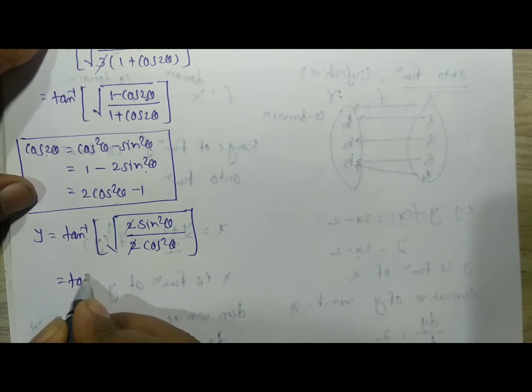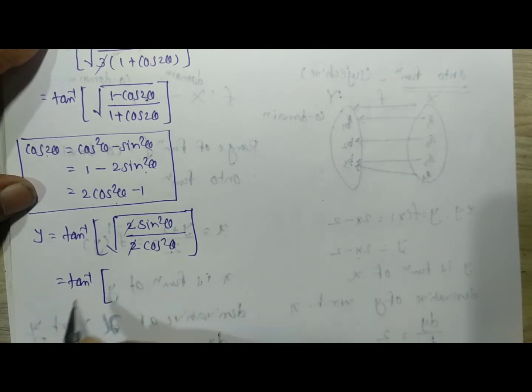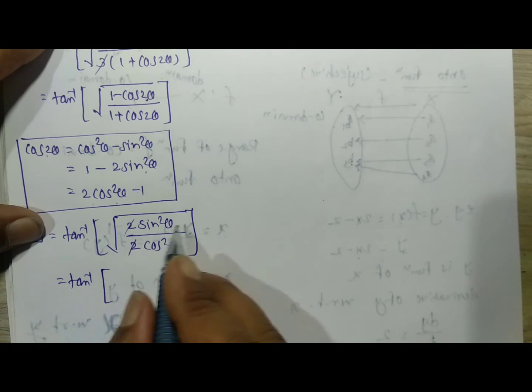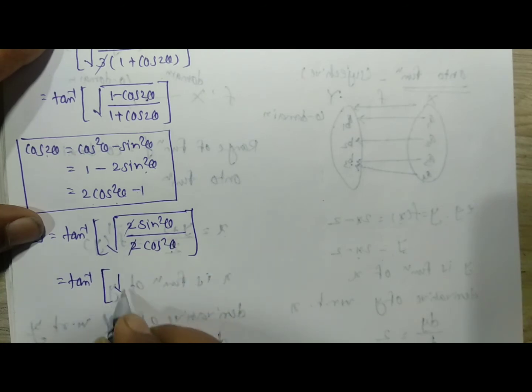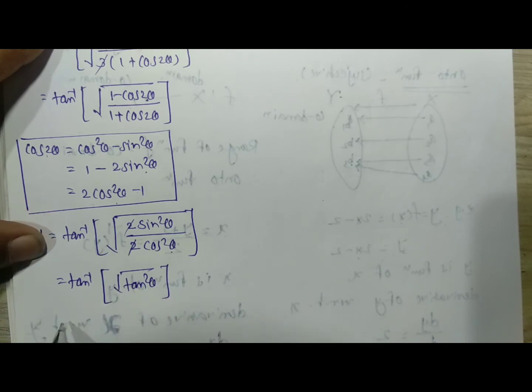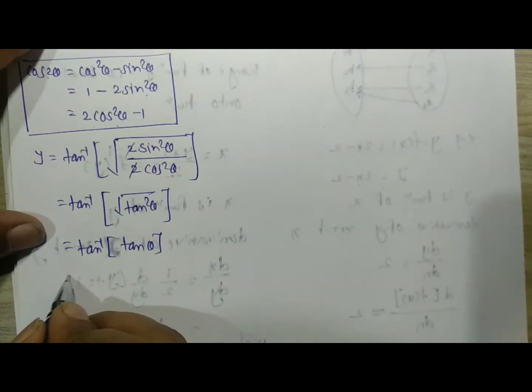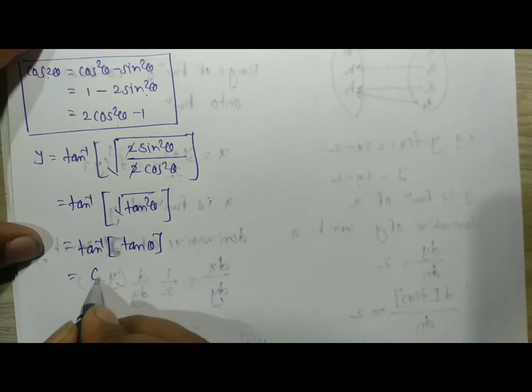Therefore tan inverse inside the square root of tan square theta, and the square root of tan square theta is tan theta, therefore tan inverse of tan theta. The tan inverse and tan cancel each other, theta is here, y is equal to theta.